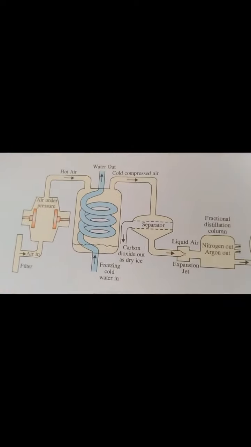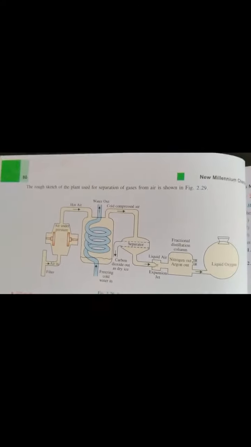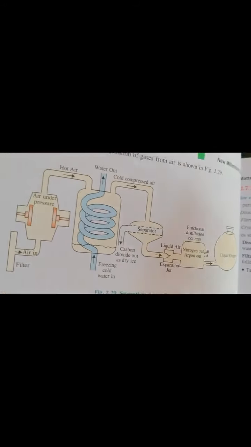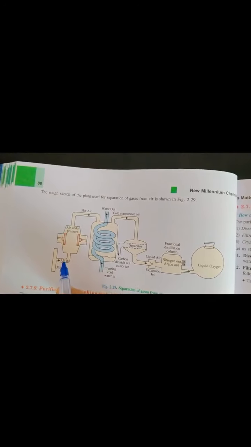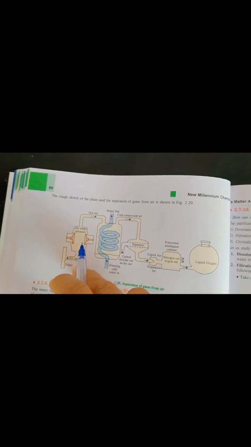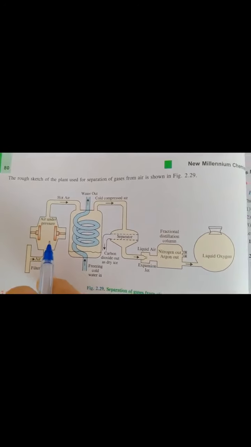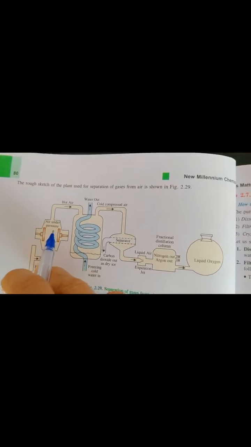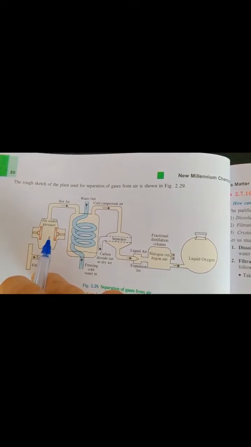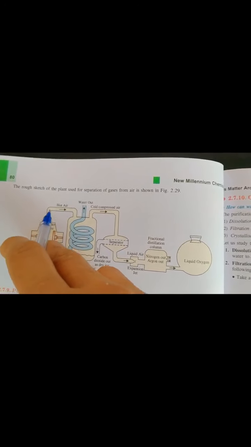This is the experimental setup of separation of air. Here air is coming inside. Then pressure is applied over the air. Due to applying pressure, more collisions will take place and the air will become hot.